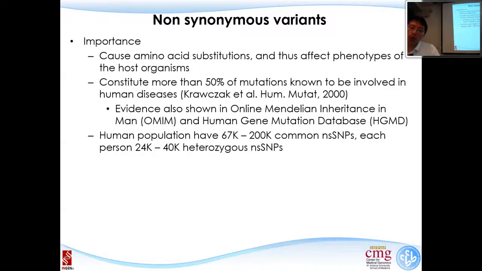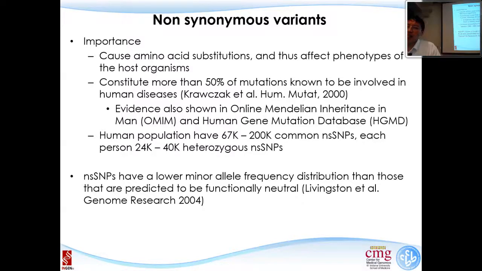And in human populations, there are anywhere from about 200,000 common variants that are non-synonymous SNPs, meaning they will change the amino acid sequence. And I think I mentioned earlier that in James Watson's genome, which was done back in 2007, they were able to identify 11,000 non-synonymous SNPs in one genome with very low coverage. So in general, per person, we are expecting about 40,000 heterozygous non-synonymous SNPs in humans.